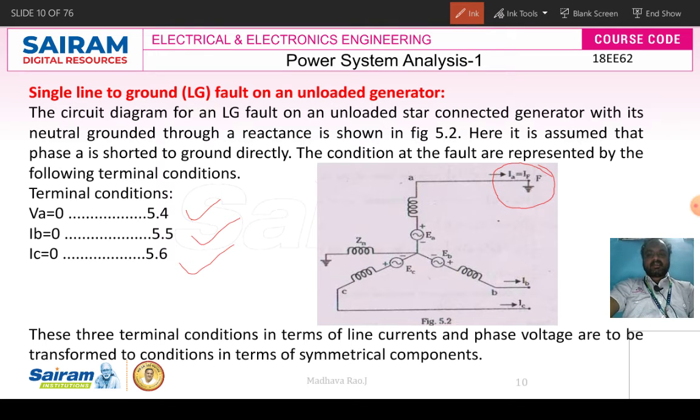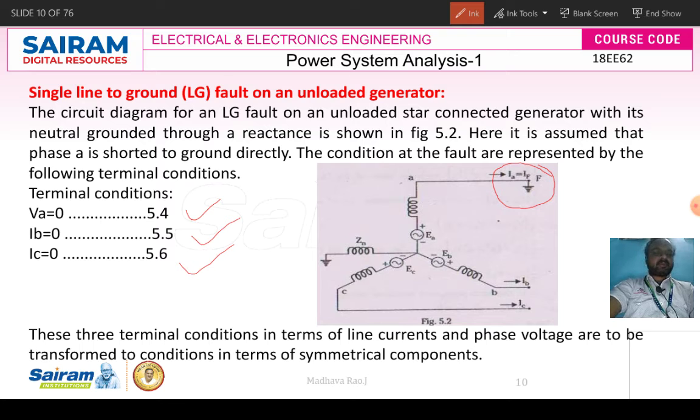Here an LG fault occurs on an unloaded star connected generator. The neutral is grounded through a reactance as shown in the figure. The neutral reactance is Zn, A phase reactance is Za, B phase Zb, C phase Zc, and the induced voltages are Ea, Eb, Ec. The three phase synchronous generator induced voltages are Ea, Eb, Ec.